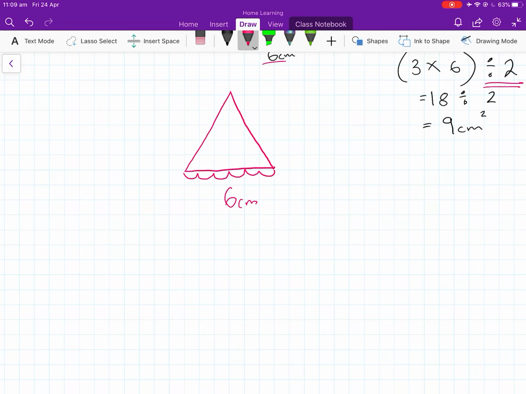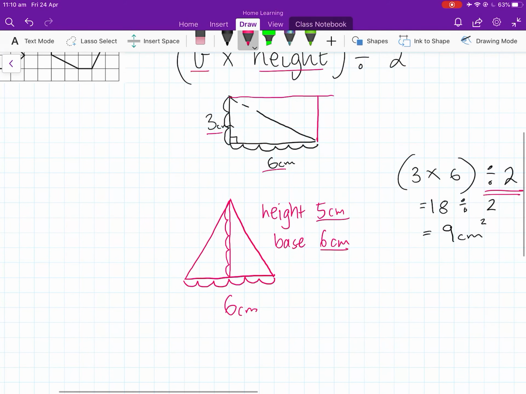If anyone can see my height, can they please have a go? Now, this is the tricky part. This is my height down here, the middle of my triangle. So 1, 2, 3, 4, 5. So my height for this particular triangle is 5 centimeters and my base is 6 centimeters.